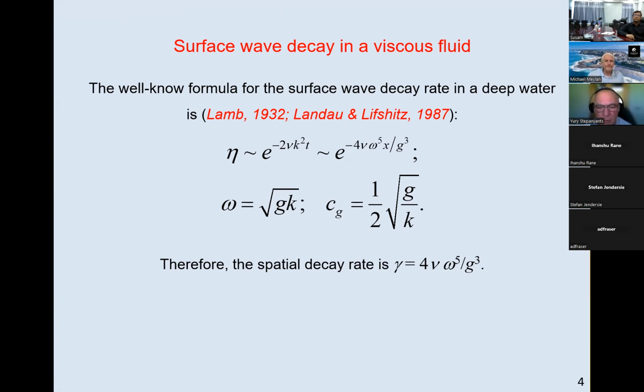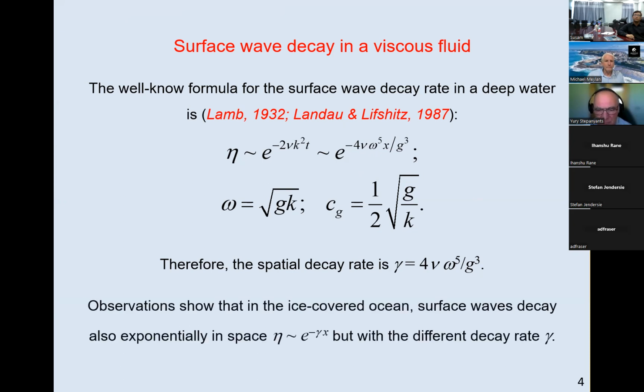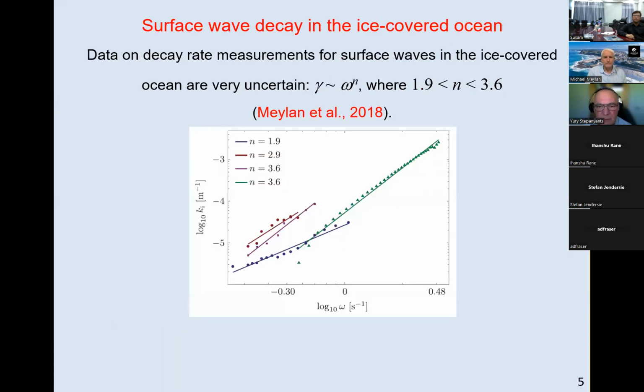But for water surface covered by ice, the decay rate is different, and the dependence on frequency is also very different. And as well known, such results were presented in the review by Meylan and co-authors.